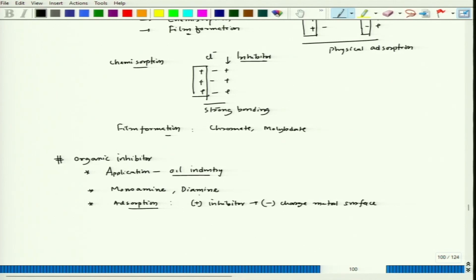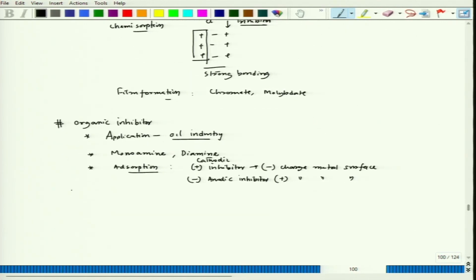So, this is a kind of cathodic nature, or it can also be like anodic inhibitors, negatively charged inhibitors, a kind of anodic nature. It is not about the anodic or cathodic inhibitors that we have discussed. They have the nature that they can have positively charged or negatively charged terminals, and those terminals get attracted to the positively charged metal surface. That way it works.